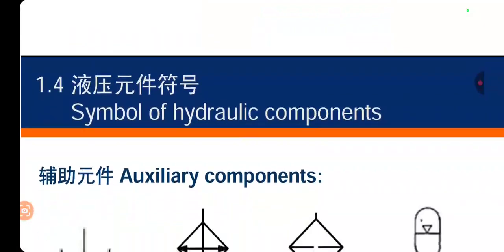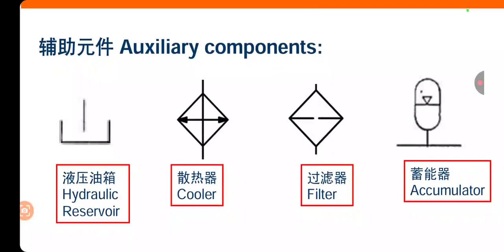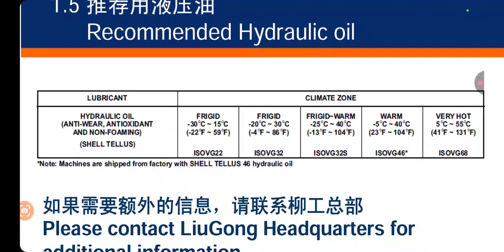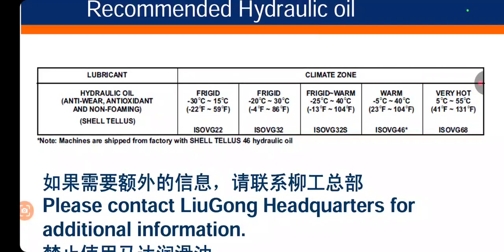Okay, and symbols of hydraulic components are the other components: cooler, filter, accumulator, and hydraulic reservoir. Okay, recommendation of hydraulic oil, you can see here the recommended hydraulic oil change.